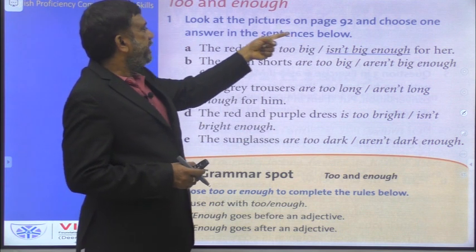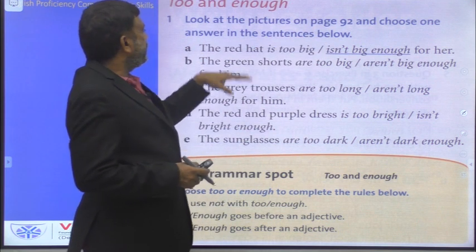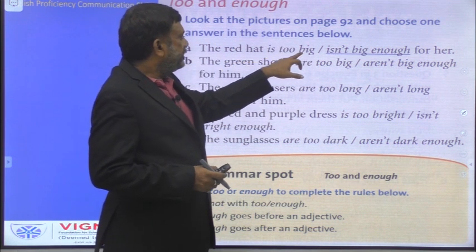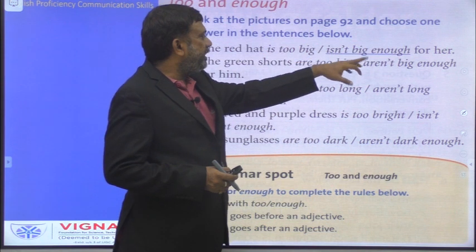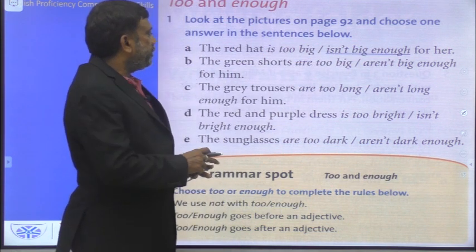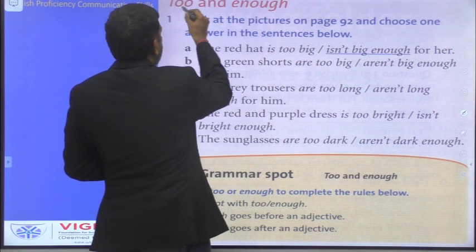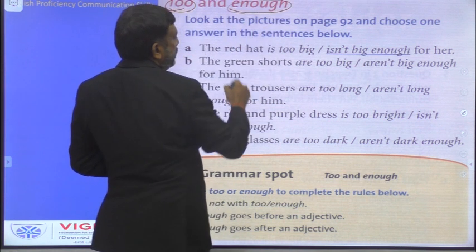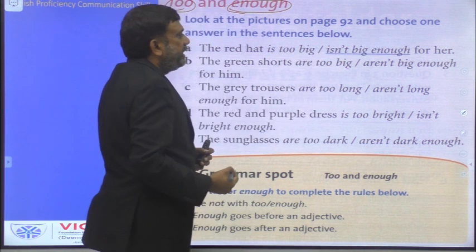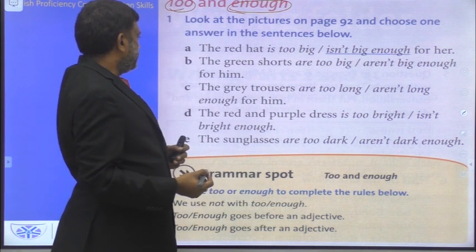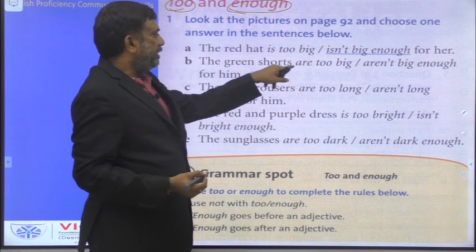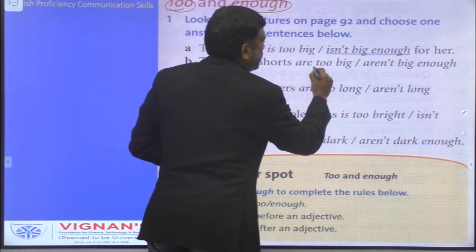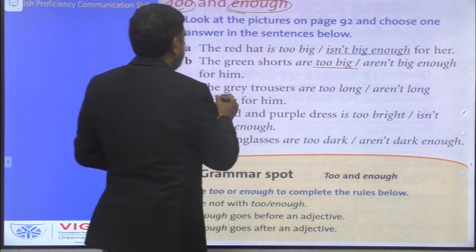Look at the pictures on page number 92 and choose one answer in the sentences below. The red hat is too big, isn't big enough for her. So here, what is the right answer? We need to use too or enough. What was the answer given here? Isn't big enough for her. The green shorts are too big for him.